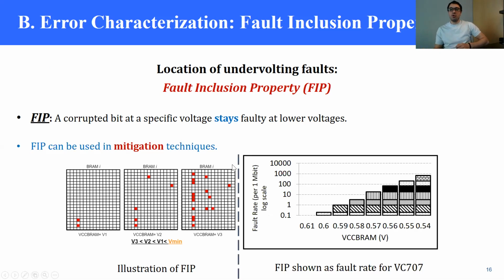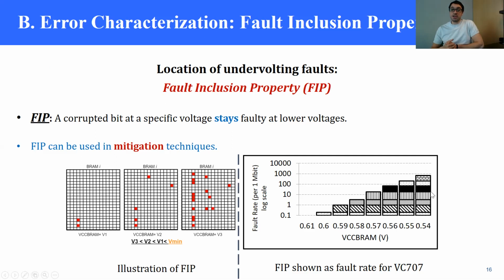This is showing it a little more quantitatively, as you can see. We have some errors in this case. This doesn't show the location, but the location is also confirmed. The errors stay at the lower voltage level, with some additional errors, and the count is going up. By the way, this is a logarithmic scale, so it is growing exponentially. This is also a very good observation for some fault mitigation techniques, and there are some works that took this and implemented it.